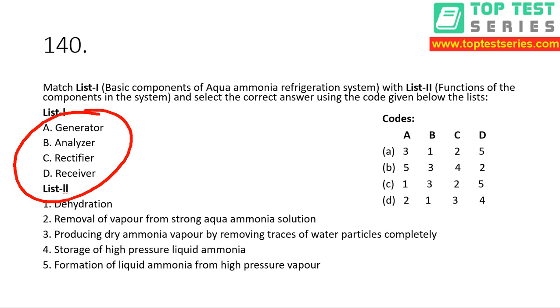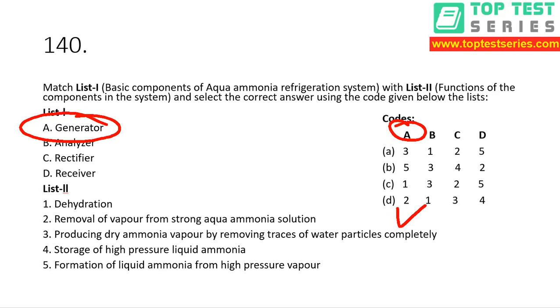Also the pump we use with all these devices in case of VARS. So what are the functions of these devices? If you know, we can easily match. The function of the generator is removal of water from strong aqua ammonia solution. So A2 is the correct answer.